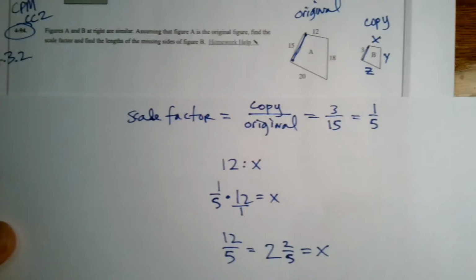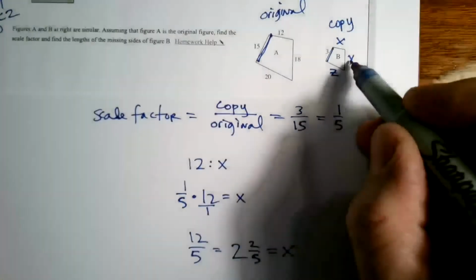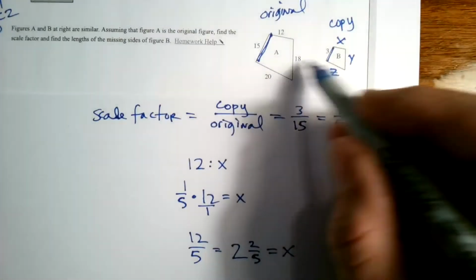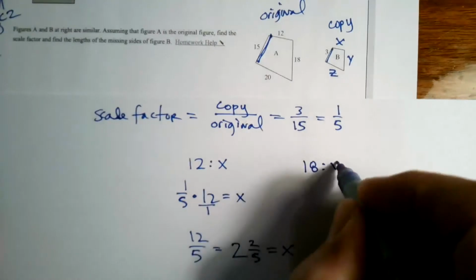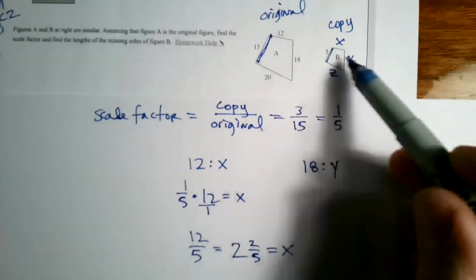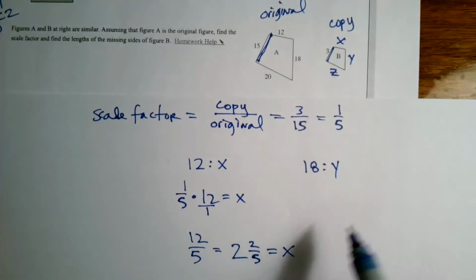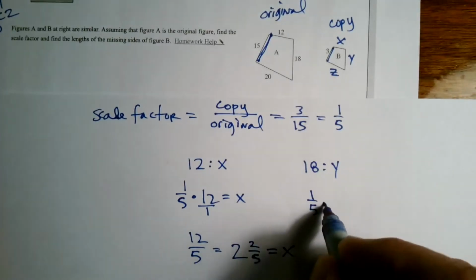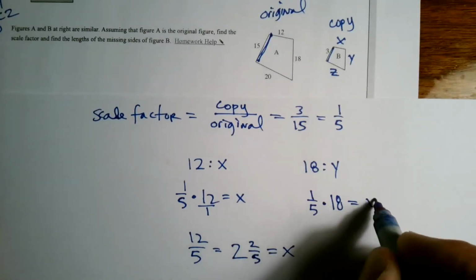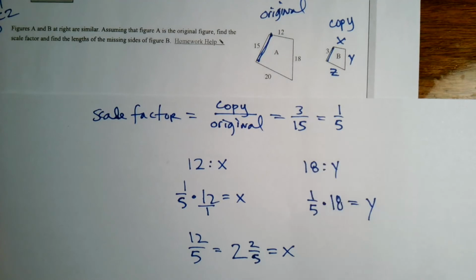Does that make sense? So how do I find Y? Which one corresponds with Y? 18 and Y are corresponding. So once again, 1/5 of 18 should tell me what Y is, because my scale factor is 1/5. Multiplying 18 over 1 straight across, you get 18/5.